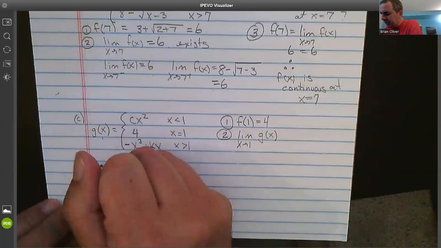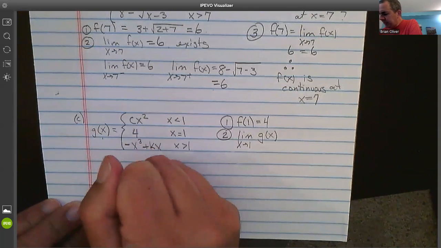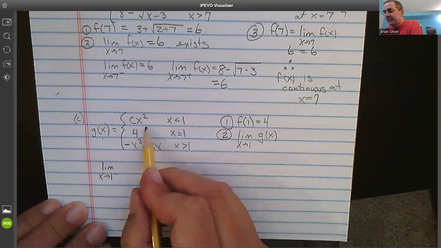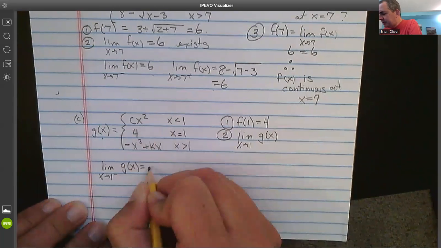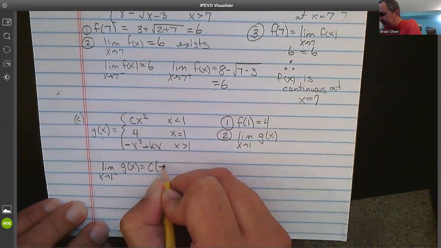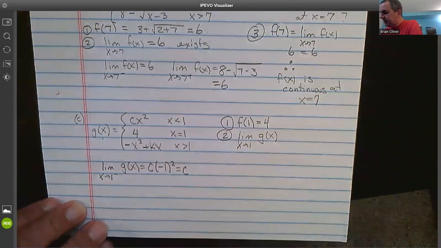So I'm going to start by looking at it from the left. I'm going to do the limit as x approaches 1 from the left. That's going to be this guy, c x squared. So I'm going to do my substitution. C times 1 squared. That tells me that's c times 1, which is c.